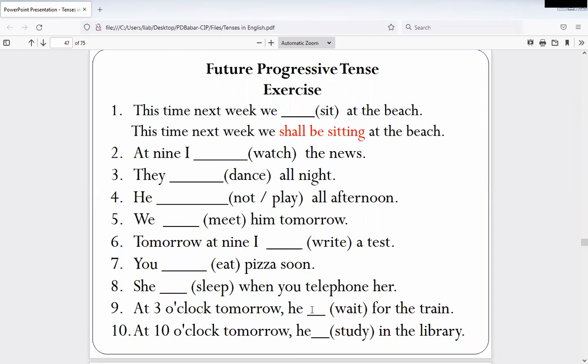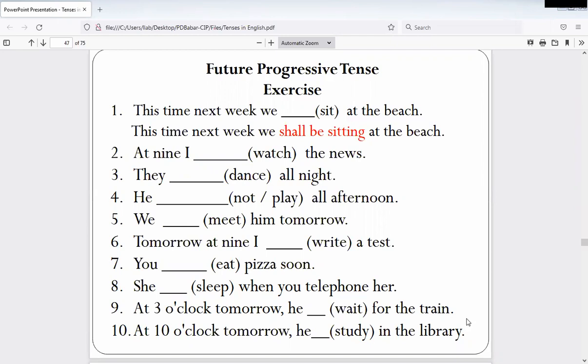Then soon. These are some of the identifiers. With the help of these identifiers, we can see when to use the future progressive tense, or whether we have to use other different tenses.